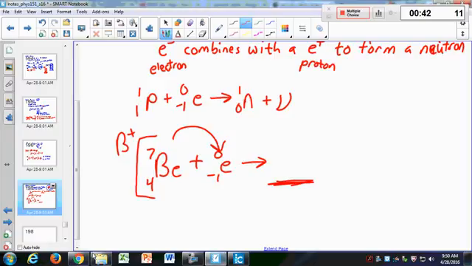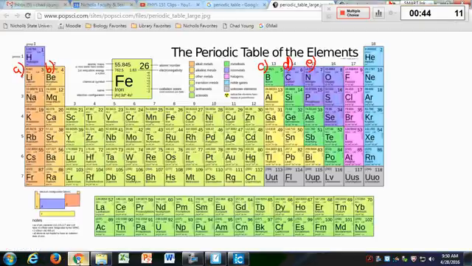All right, is it A, lithium, B, beryllium, C, boron, D, carbon, or E, nitrogen? Which one of those is the daughter nucleus?